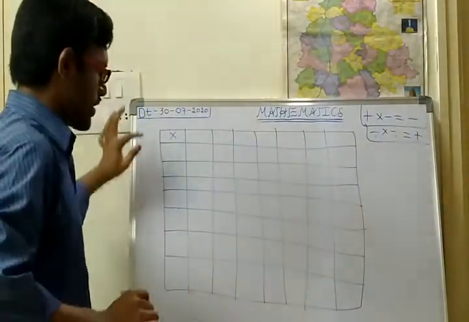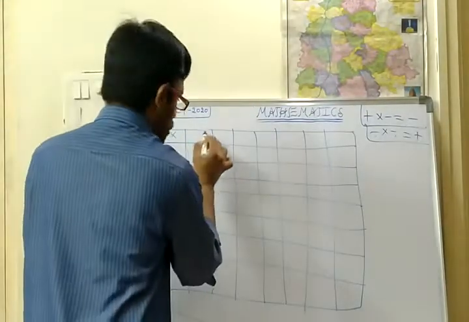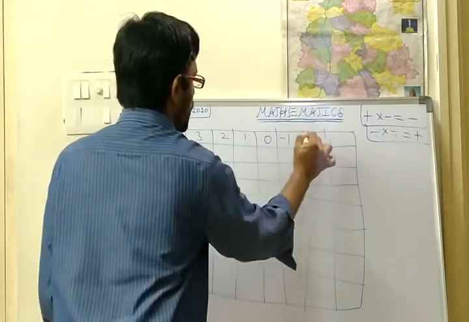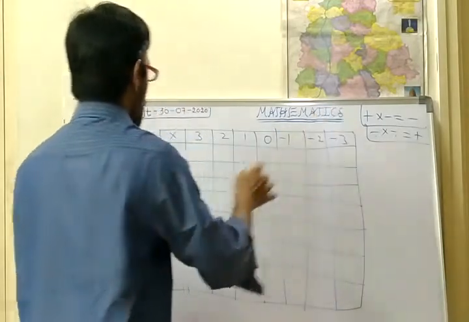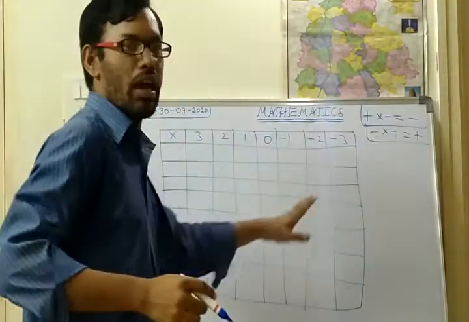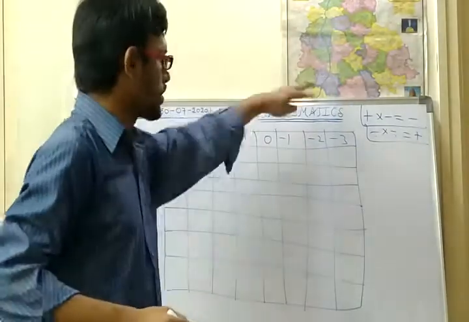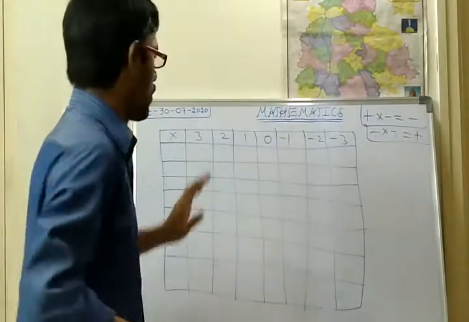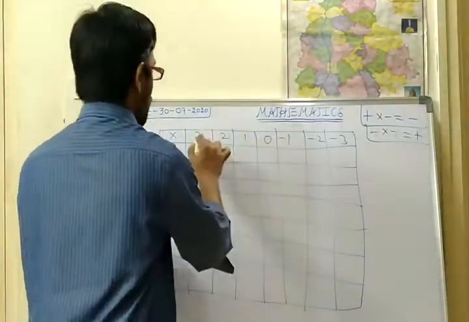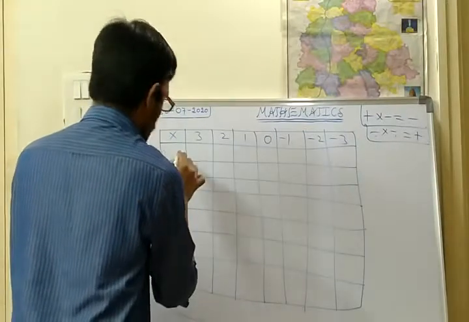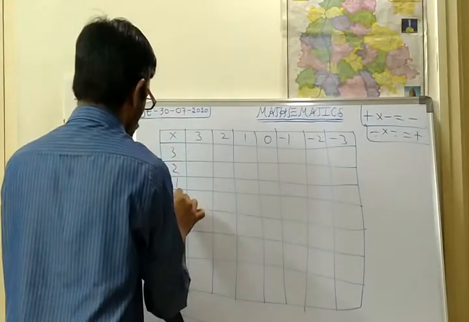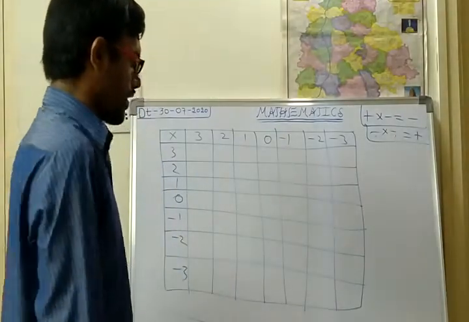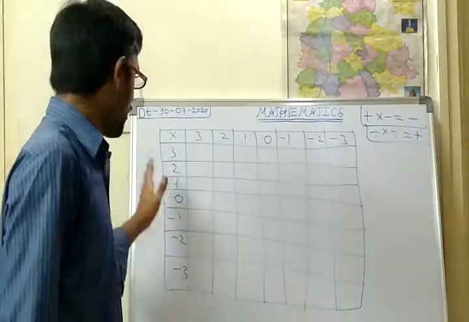This is a multiplication table. First multiplication is there: 3, 2, 1, 0, minus 1, minus 2, minus 3. I have drawn an 8 by 8 table, so 8 rows and 8 columns are there. Here we have written 3, 2, 1, 0, minus 1, minus 2, minus 3, and next down also 3, 2, 1, 0, minus 1, minus 2, minus 3. Like this we have drawn the table.